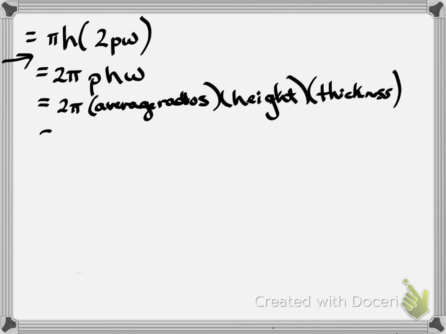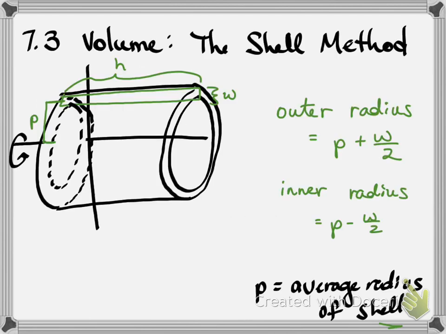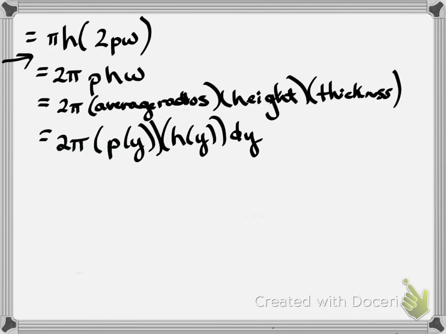Then we would call it 2 pi p of y, h of y, dy for our width, because it is a y value for w right here.